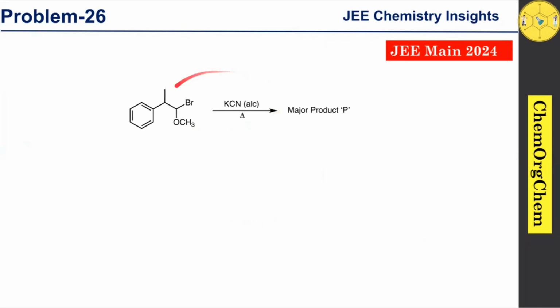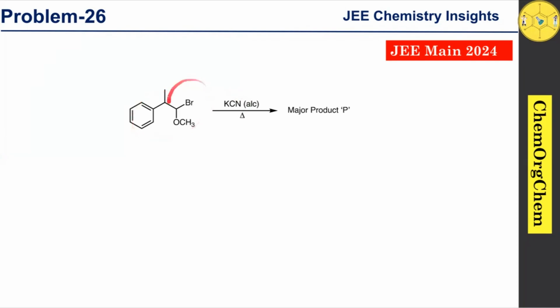So this is our question. Here you can see that they gave potassium cyanide in alcoholic solution. Potassium cyanide usually reacts by substitution reaction. Here the cyanide ion acts as a strong nucleophile, and in alcoholic medium the reaction often follows SN1 if the carbocation is stable enough.